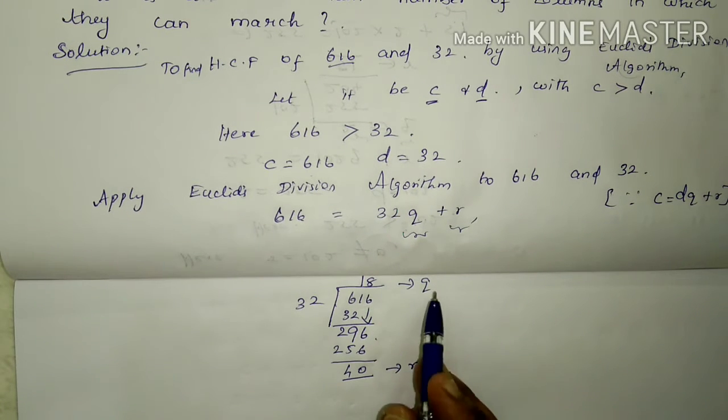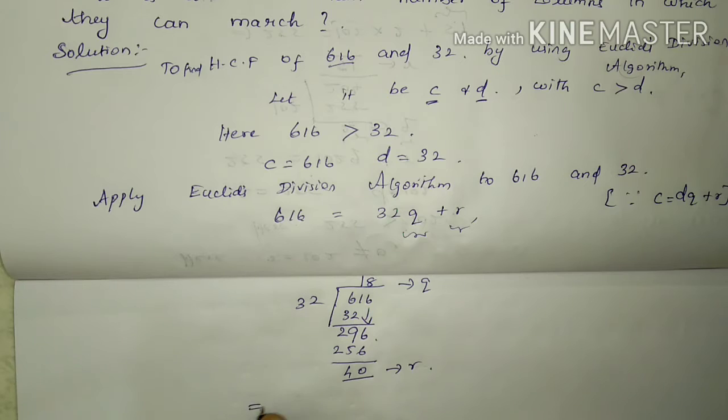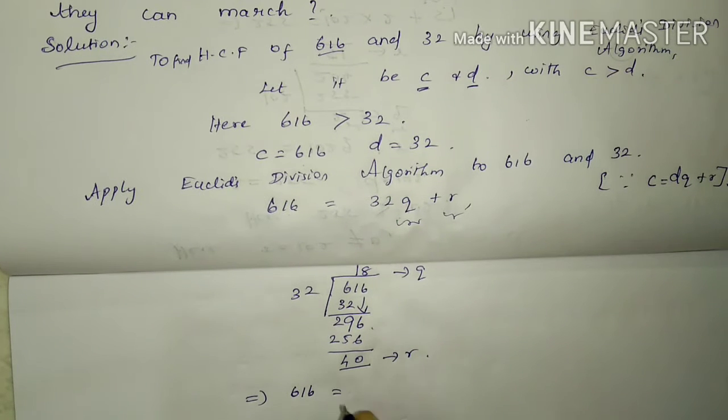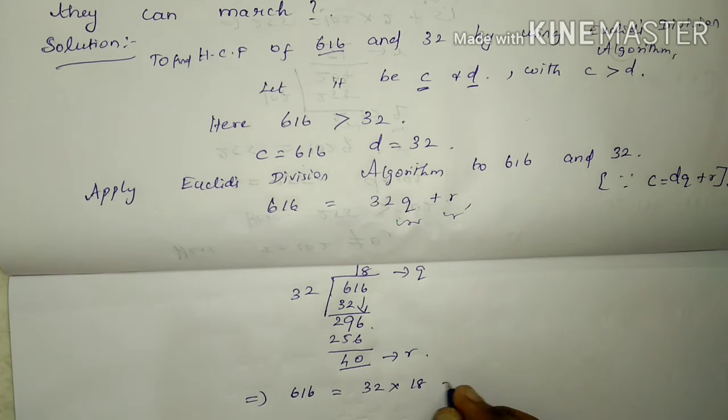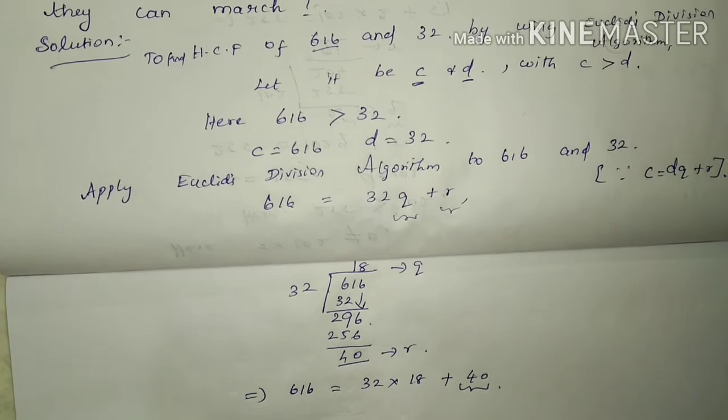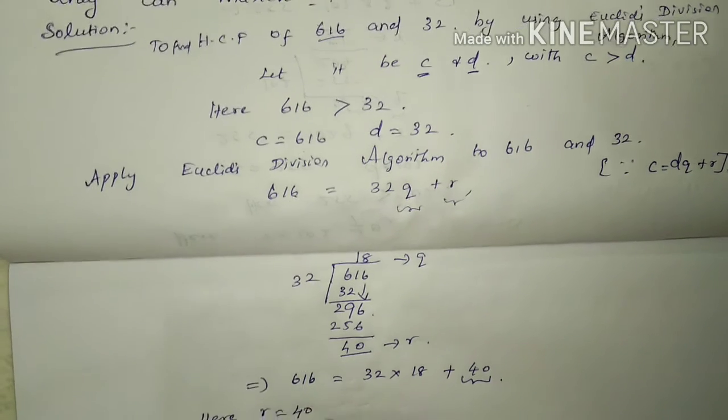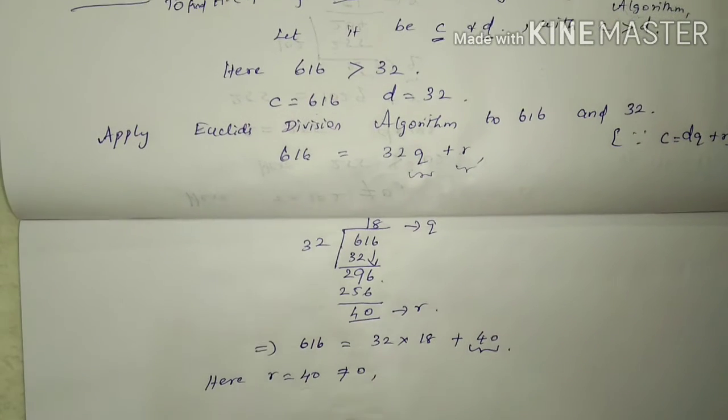Substituting the values of Q and R in this equation, we get 616 equal to 32 into 18 plus 40. Here our R value is 40, which is not equal to 0.